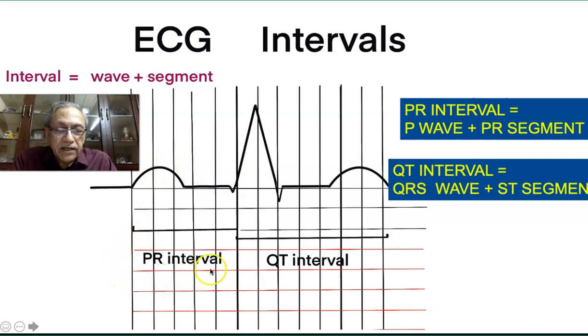And similarly, the QRS wave along with the ST segment and the T wave is called the QT interval. So QT interval is the QRS wave plus the ST segment plus the T wave. So QT interval has two waves in it, whereas PR interval has only one wave and one segment.